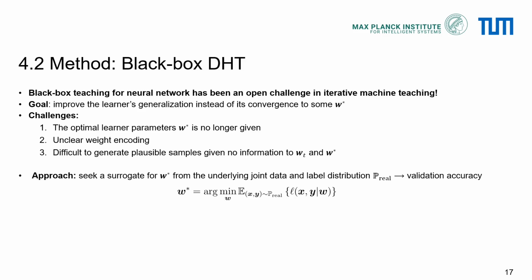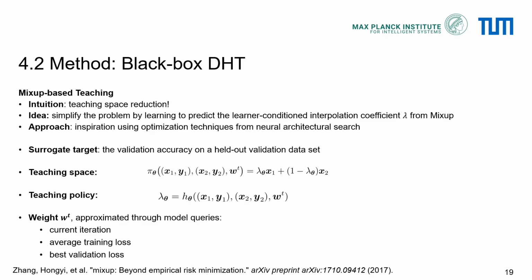Here we make use of some surrogate for W star from the underlying joint data and label distribution, which is basically the validation accuracy. So the major intuition here is we want to reduce the teaching space. We want to simplify this problem. So how much can we reduce it? We can actually reduce it to one single hyperparameter. We take inspiration from neural architecture search and mix-up data augmentation.